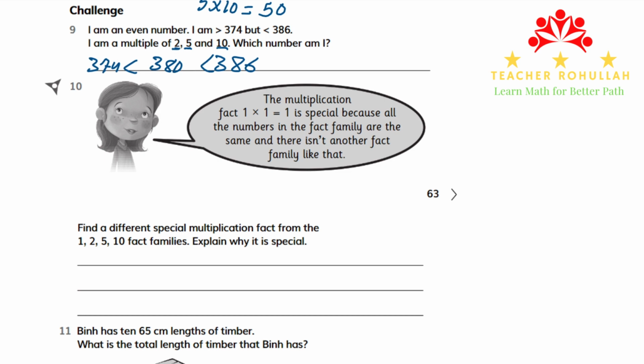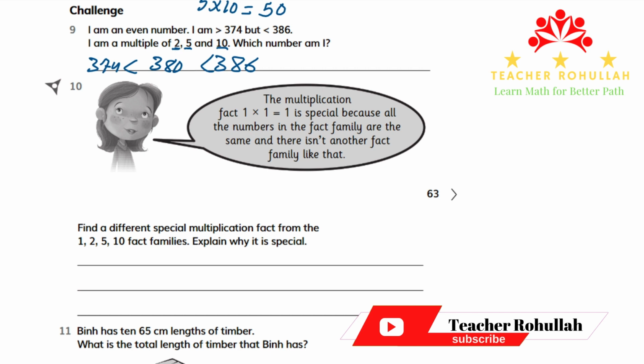In question 10, also a critical thinking question, this girl says the multiplication fact 1 times 1 equals 1 is special because all the numbers in the fact family are the same, and there isn't another fact family like that.